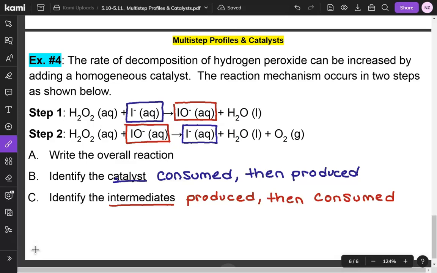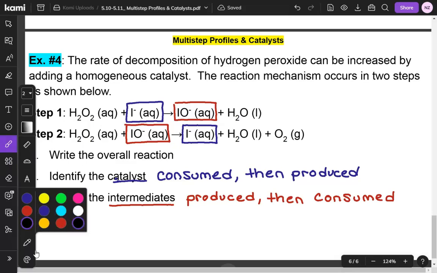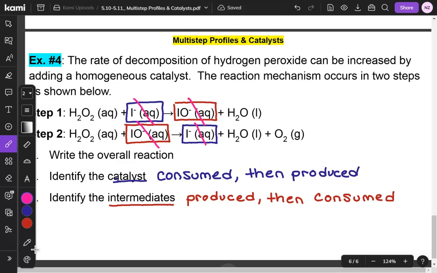If I were to write the overall reaction, I would cancel out anything that exists on both sides. So our catalyst and our intermediates are going to be eliminated from our equation. After crossing off our catalysts and intermediates, if I added what's on the left-hand side of our reaction with what's on the right side, I have two of these H2O2s, our peroxides, those are aqueous.